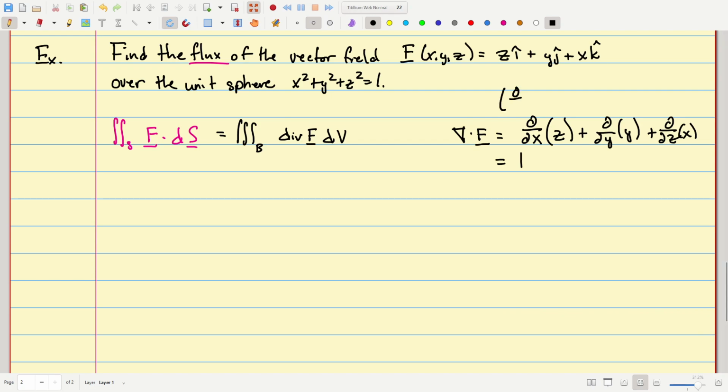It's the dot product of this operation with my vector. So it means apply the partial x derivative to the first element, the partial y derivative to the second element, and the partial z derivative to the third element, and then add everything up because it's the dot product. So it's a notational trick.